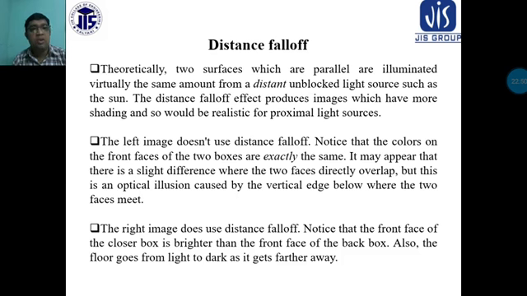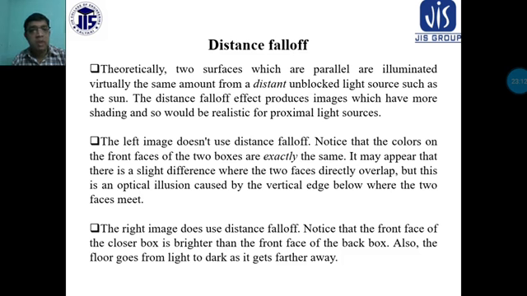The distance falloff effect produces an image which has more shading and is more realistic for proximal light sources. The left image does not use distance falloff. Notice that the color on the front face of the two boxes is exactly the same.